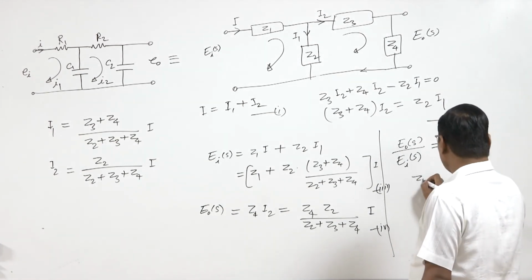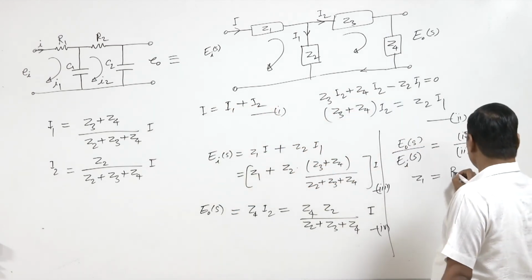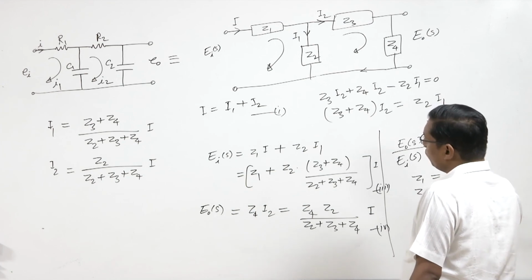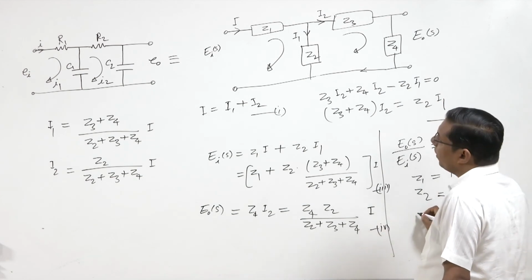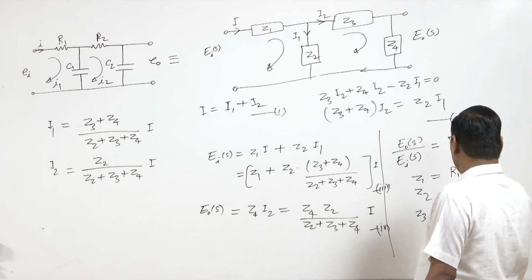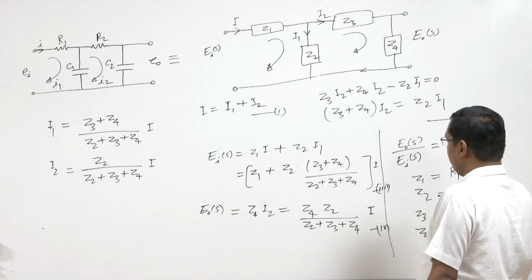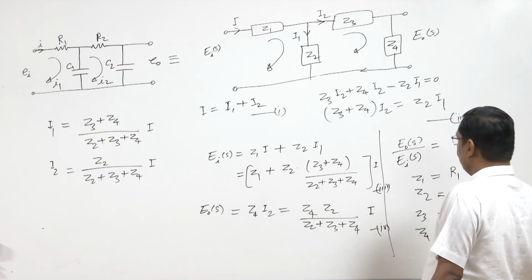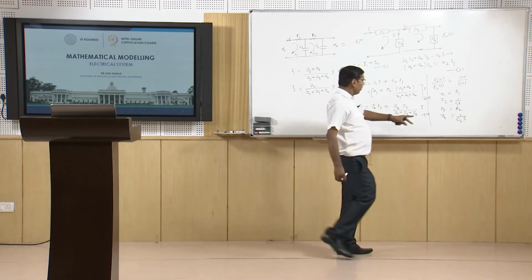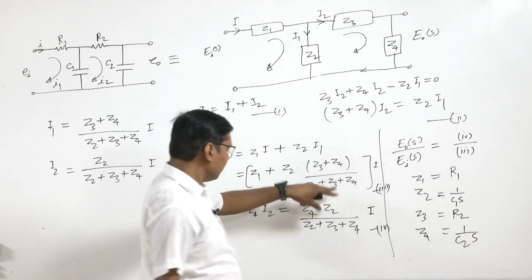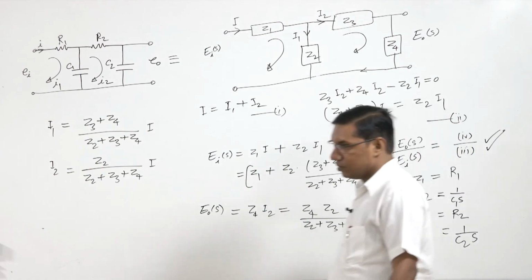There we can put Z1, which is a resistor, so the impedance is R1. Z2 is a capacitor, so its impedance is 1 by C1 s, Z3 is a resistor, so its impedance is R2, and Z4 is again a capacitor, 1 by C2 s. By putting these values on these impedances we can find the transfer function EOS by EIS.